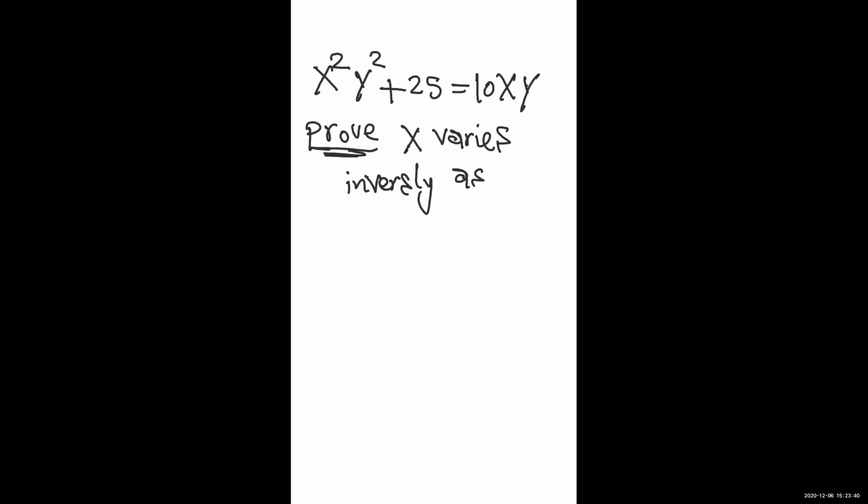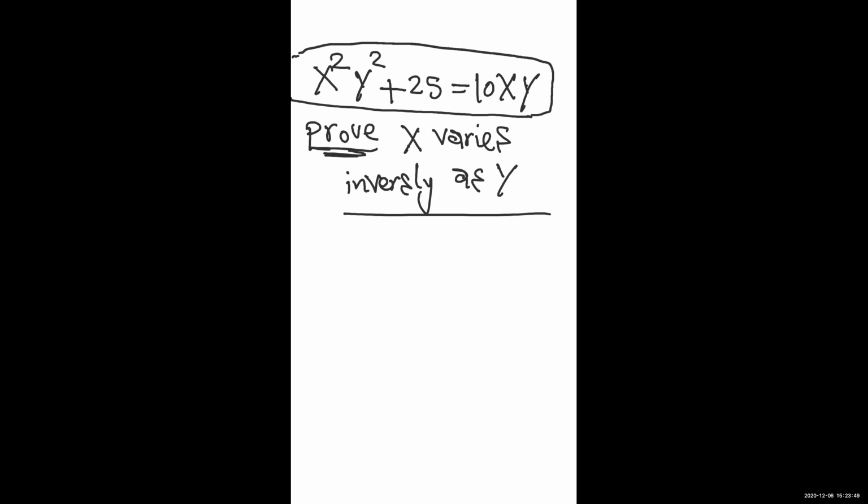Okay, guys, now I have to convert this one into the form of an equation which is equal to 0. So x squared y squared, then shift this term with a different sign, which is negative, minus 10xy plus 25 will equal 0.